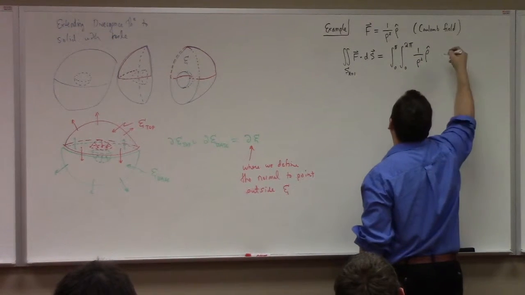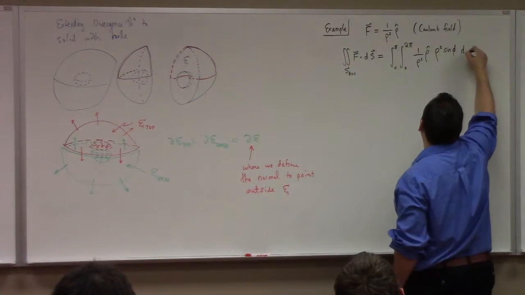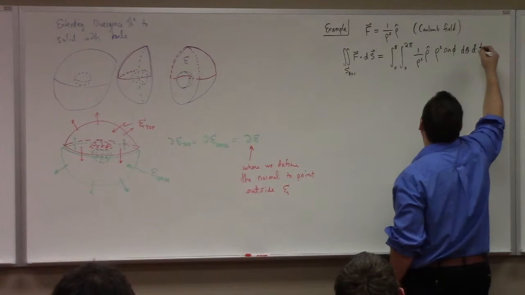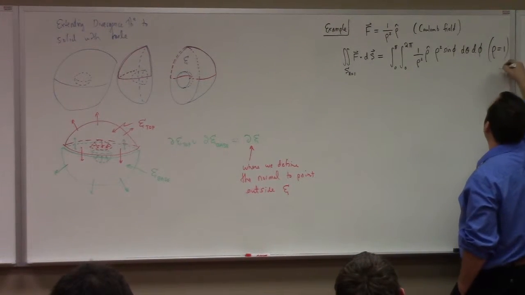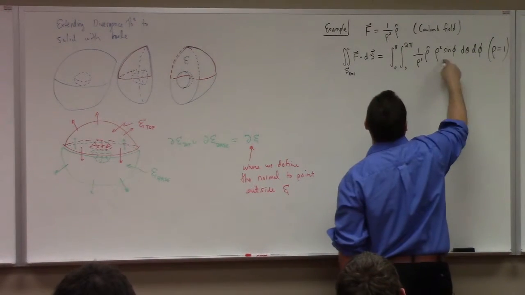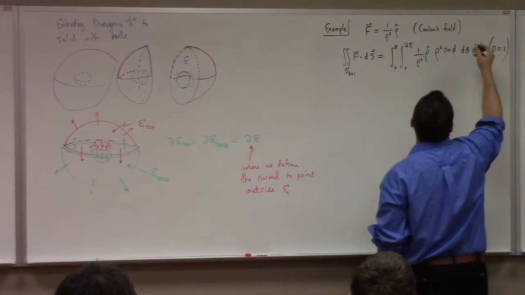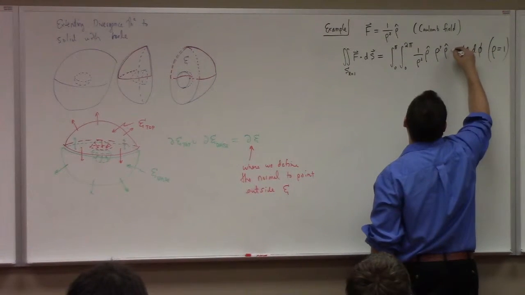The surface area element for a sphere is rho squared sine phi d theta d phi in my current notation, but also we have rho equal to 1. They cancel anyway, but these actually are 1 and 1, so there's a rho hat here, I forgot.